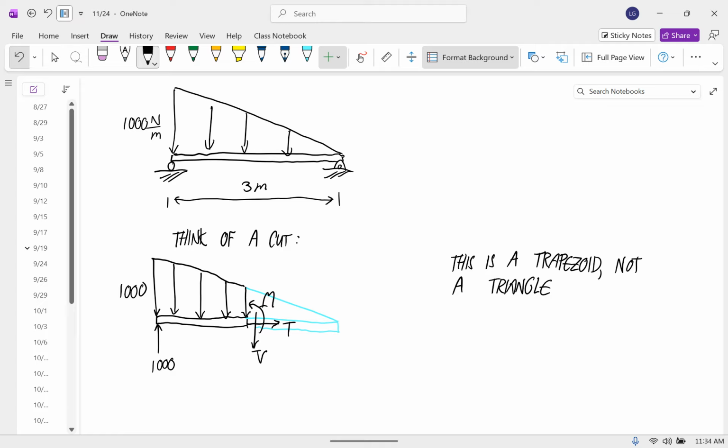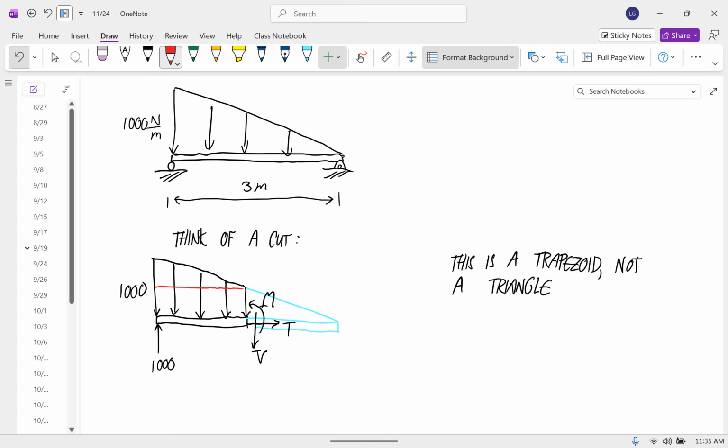You can think through the geometry of it. Basically, the way you have to do it is think of it as two different distributed loads happening simultaneously and do them independently. You have a right triangle here and a rectangle, and you can treat each one of those, come up with the equivalent point force for each one, and then just do both of them.